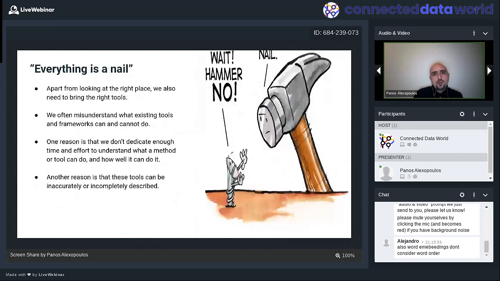The other pitfall is about thinking that everything is a nail. I remember interviewing people for my team some years ago, and when the question of synonyms came, like, okay, how would you design an NLP system to mine synonyms? The immediate and automatic response was, we'll just take word2vec and you're done.